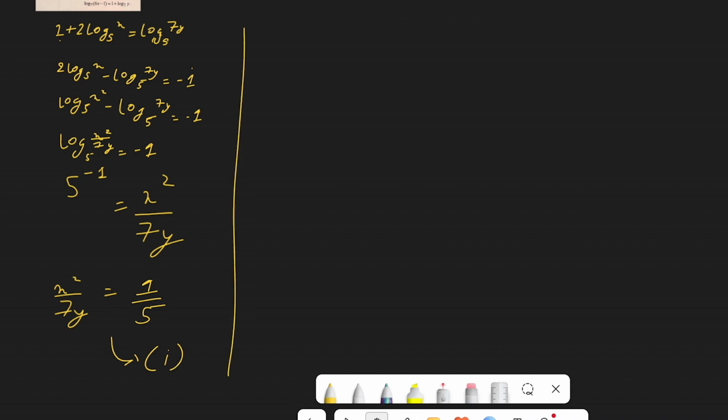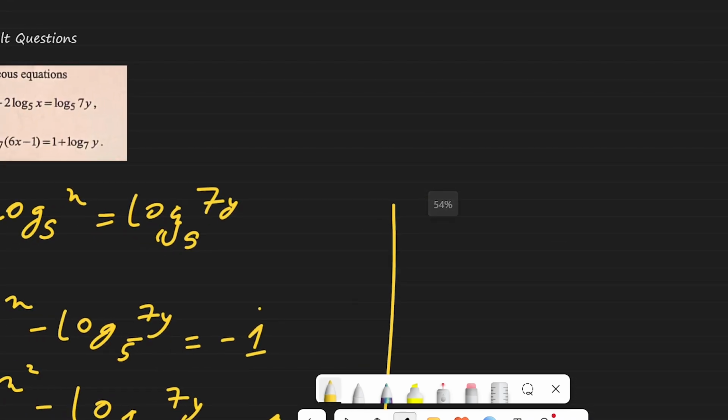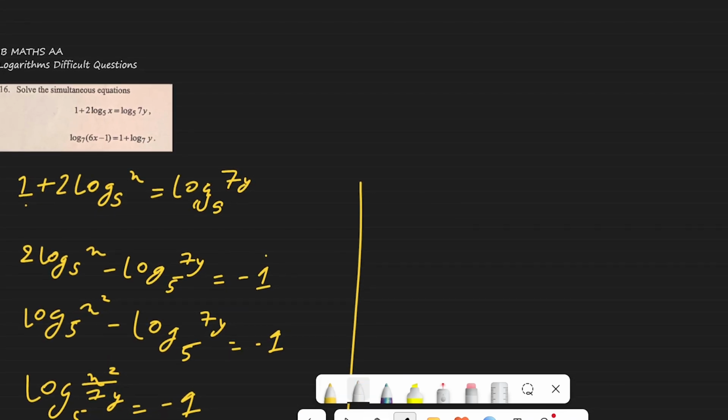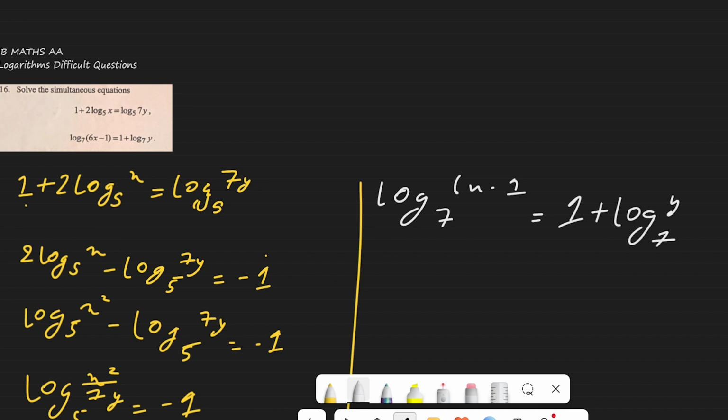Now let's see the second equation. Let me do it with the white pen. Log of 6x minus 1 to the base 7 is equal to 1 plus log of y to the base 7. The drill remains the same. We need to first shift the logarithm terms to one side.